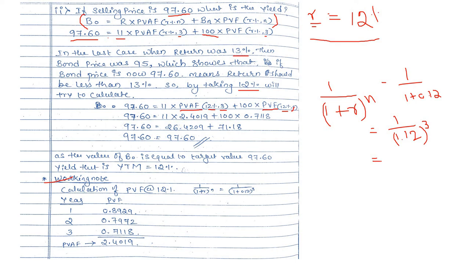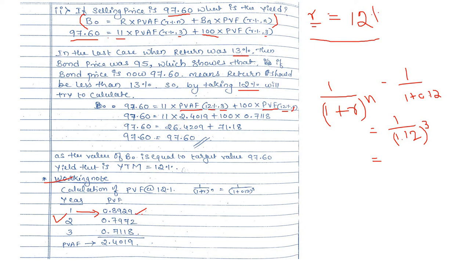So first we'll round off to the first 4 decimal places. The first year value is 0.8929. How do we calculate the next year?